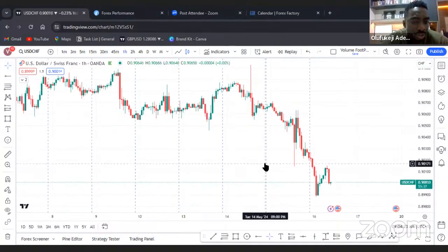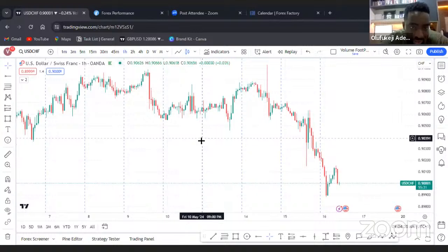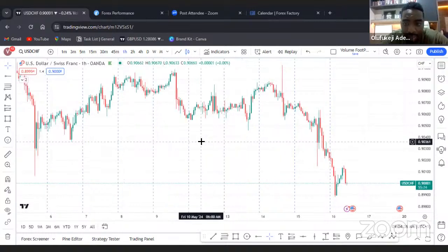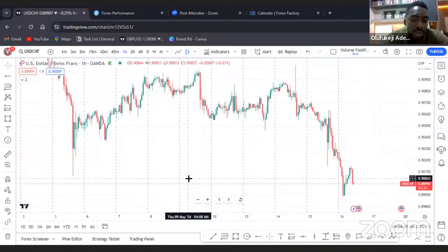And then also on the USD JPY, you can see the lower lows, the lows that were broken. That's the double bottom there that was grabbed yesterday when we were speaking, and price came all the way down.